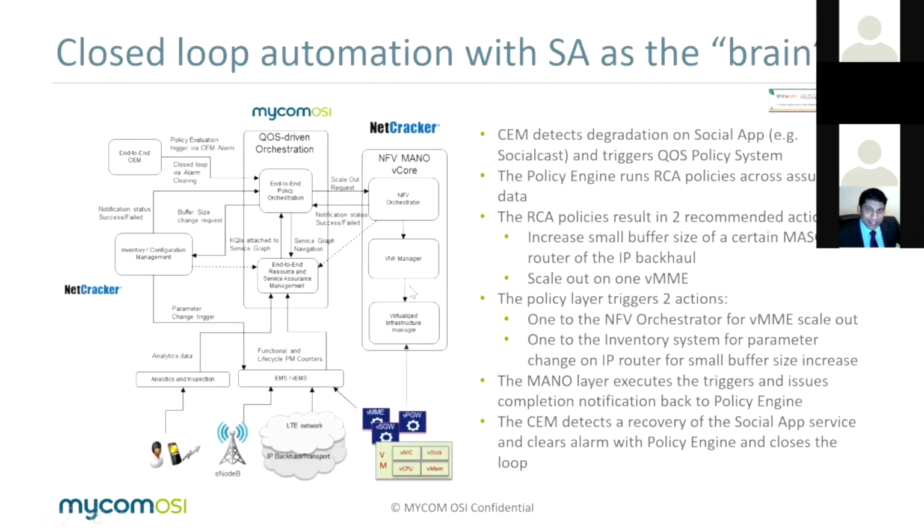So closed-loop automation with service assurance as a brain. This is one of the key things where we integrate with the MANO, and we are completely agnostic, and service assurance serves as a brain in order to instruct these changes to the orchestrator, if you like.